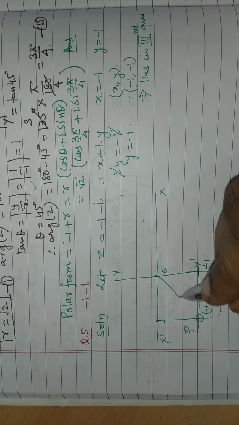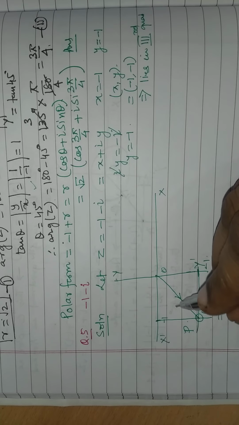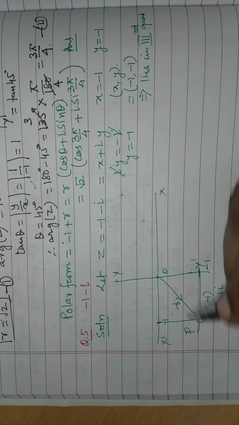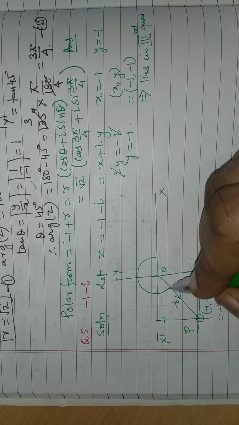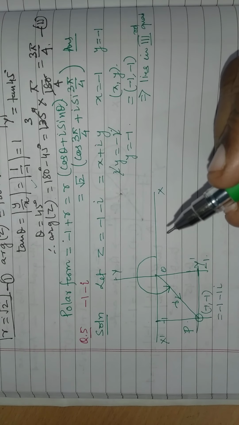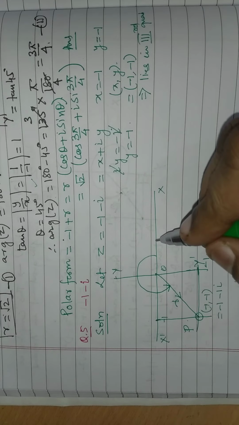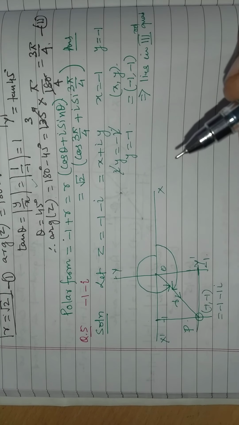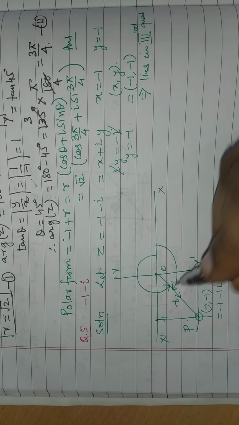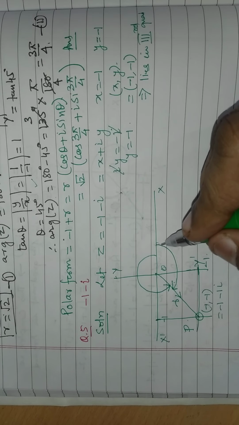If we join over here, we will get r. This is the modulus, and see here this angle will give the argument, or this angle. So see which angle is the smallest. The smallest angle is this, so we will have to find the smallest one.